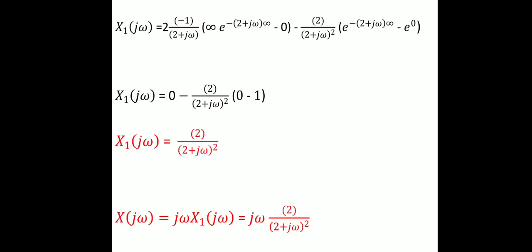So the Fourier transform of the signal x of t will be x of j omega equals j omega times 2 divided by (2 plus j omega) the whole square.